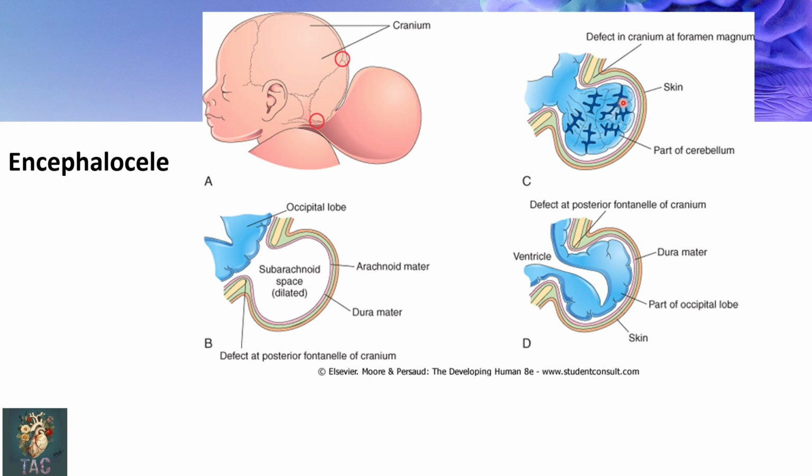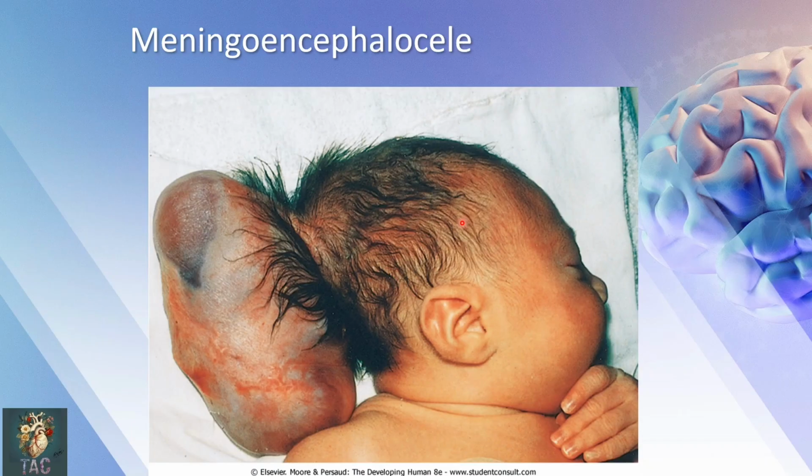In the condition in which along with meninges the brain tissue is present, this is called meningoencephalocele, and the condition in which along with brain tissue and meninges part of the ventricle also protrudes out, this is called hydromeningoencephalocele. So this is meningoencephalocele through the occipital region, the posterior fontanelle, in which the occipital cortex protrudes out along with the meninges.